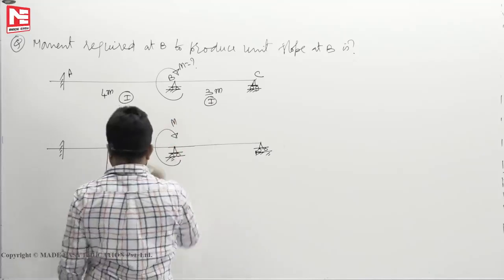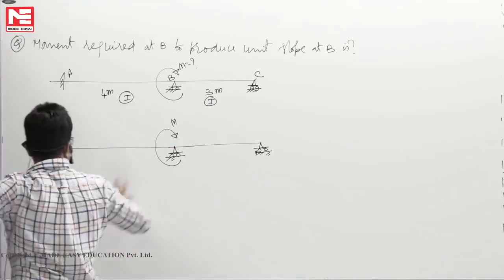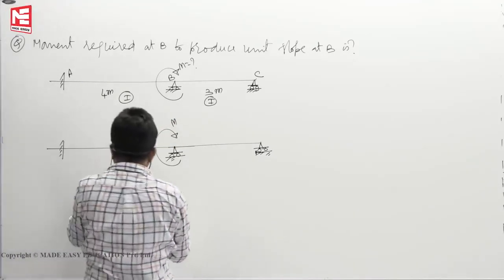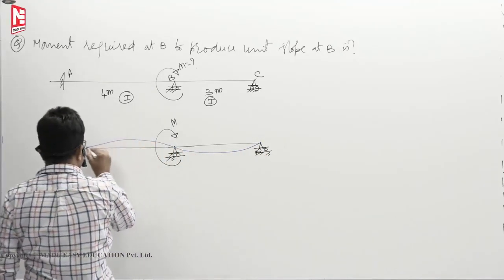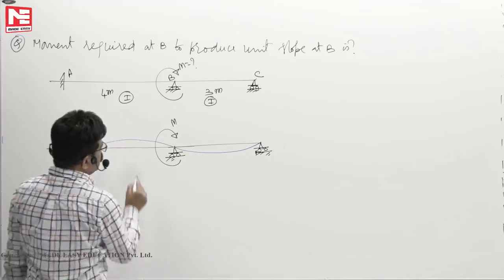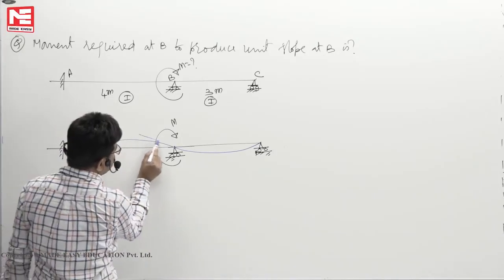When you are applying a moment M, when you turn it like this, the deflection profile is something like this. Now we wanted this theta B to be 1.